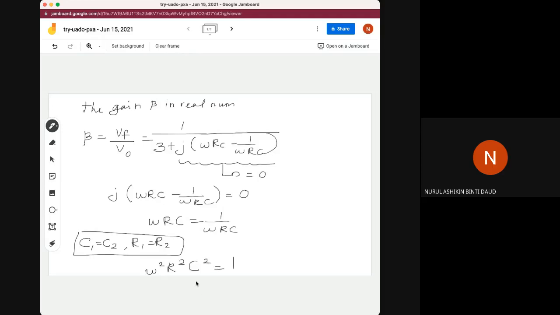So omega squared is equal to 1 over R squared C squared, and this makes omega equal to 1 over RC.